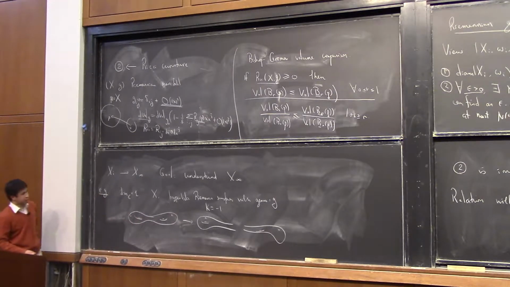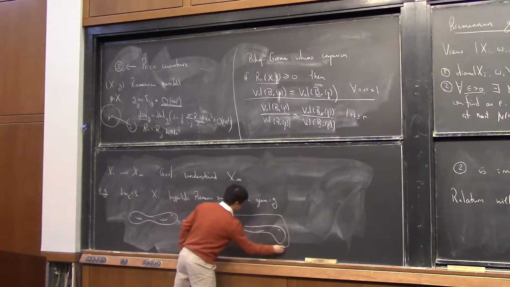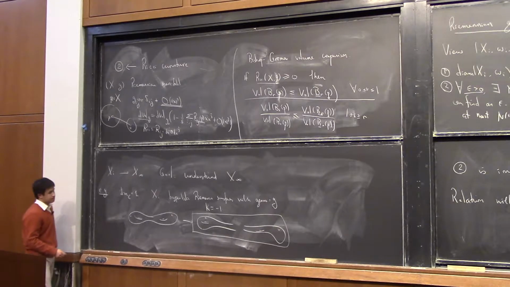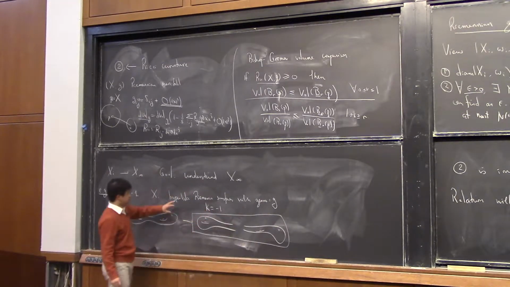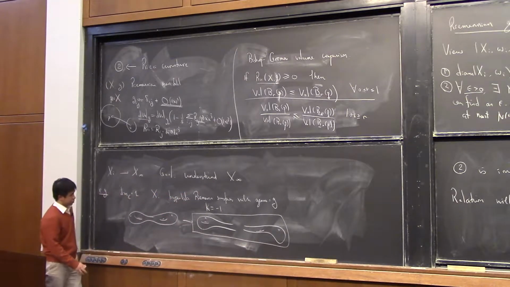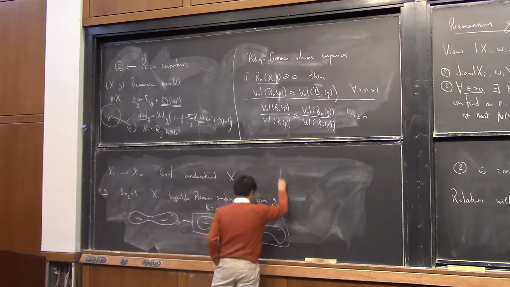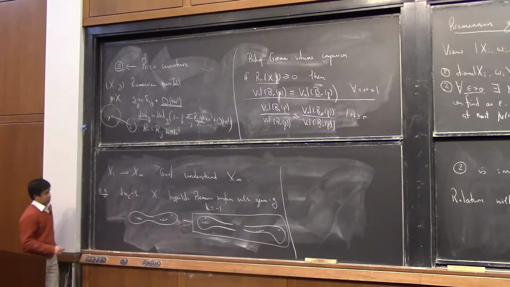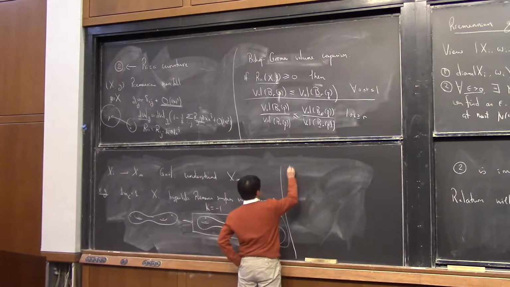So somehow the limit should be the whole thing. But each component of X infinity does not have a projective algebraic structure. This is one type of phenomenon. It's not what we will focus on later.